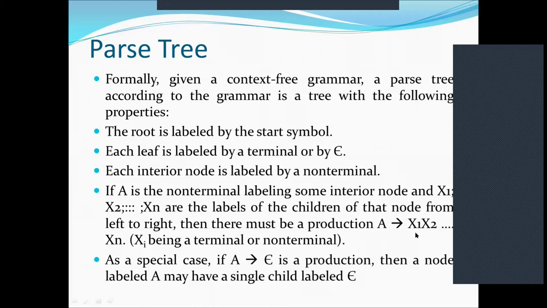In a special case, if A can have epsilon in a production, then a node labeled A may have a single child labeled epsilon. It doesn't have any other child. It has only one child, and that child is nothing but your epsilon.